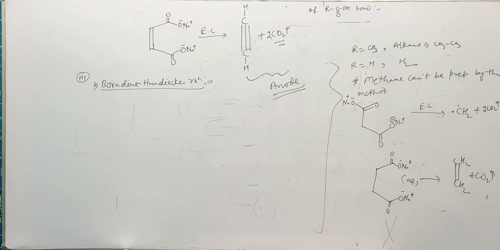When silver salts of carboxylic acid are treated with bromine in refluxing carbon tetrachloride, they undergo decarboxylation.